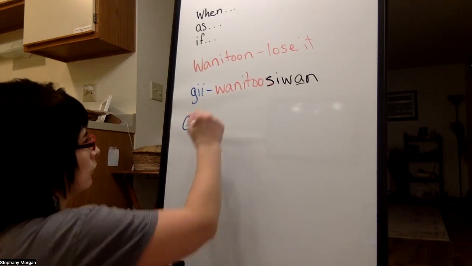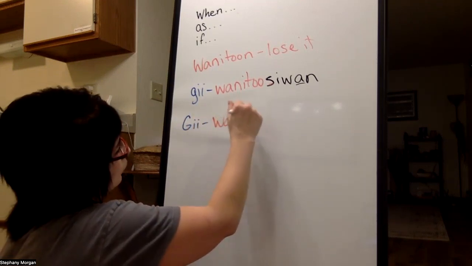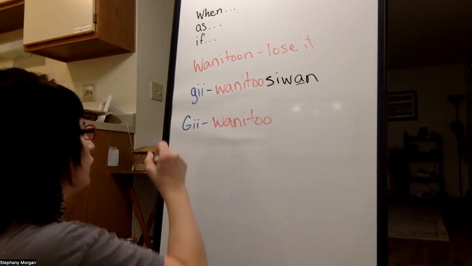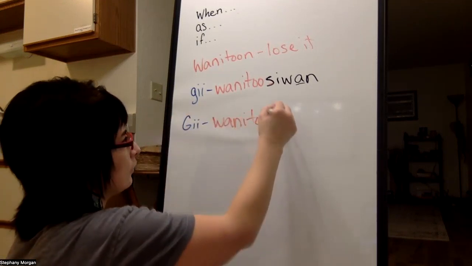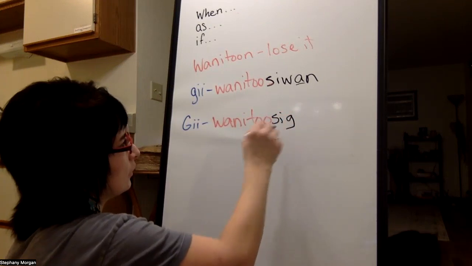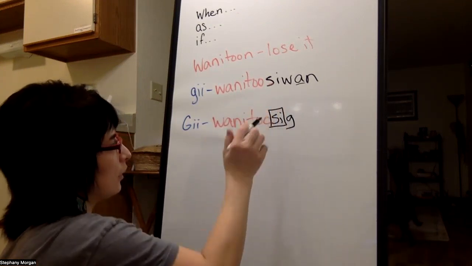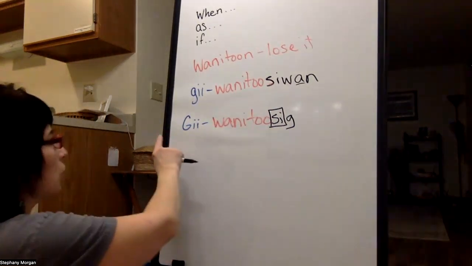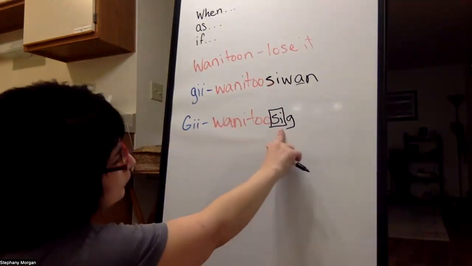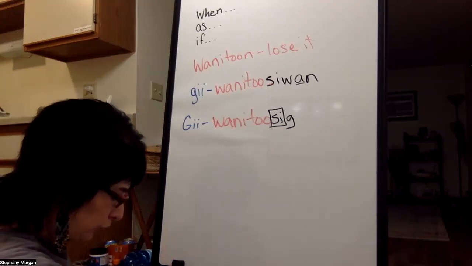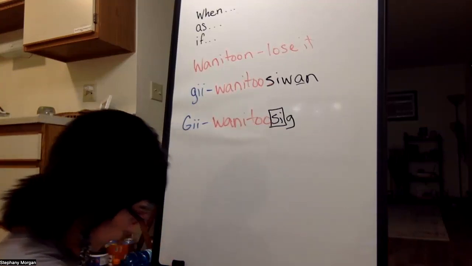He wanted to, for ween, sick, and then just a G on the end. Wanted to sick, and this right here is our negation C when he or she did not lose it. And it follows the same pattern.